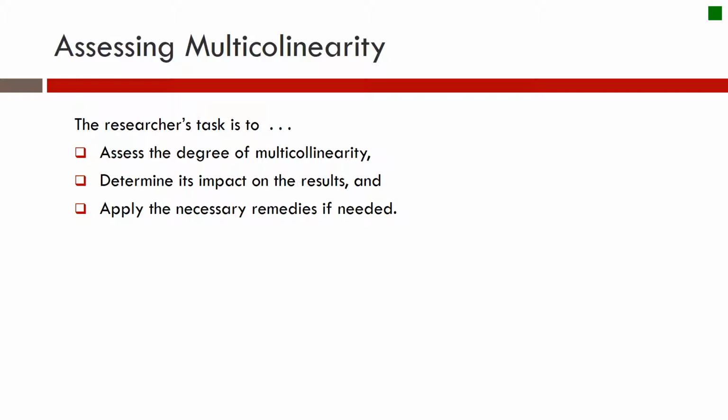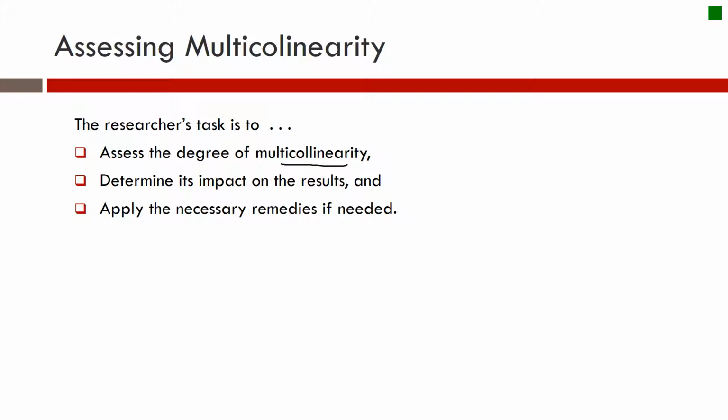So our task then is to assess multicollinearity issues and normality issues, because those are the two things we're thinking about. Normality, making sure that the relationships are linear and that they meet normality issues in terms of the independent variables, or the variables themselves, and that multicollinearity doesn't exist.